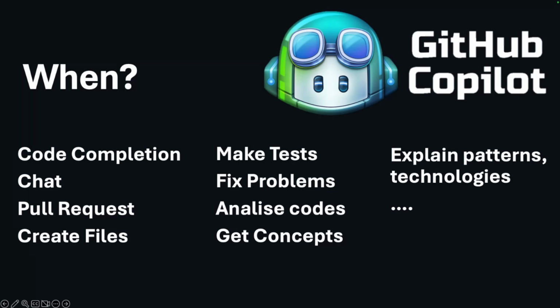It should be a recognized command, and it can understand the context and create the code for you. We can make tests, fix problems, analyze code, and get concepts. Hey, explain to me what MQTT is. Explain to me what a protocol is. Explain to me what a messaging pattern is and how I can use it. Why should I use Service Bus or Event Grid? Which one is better? Point me to the documentation.